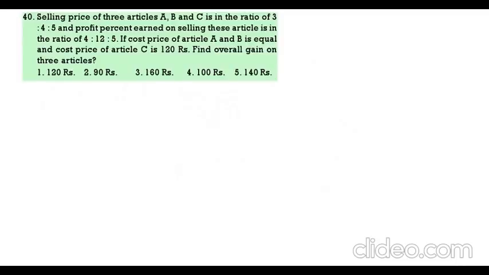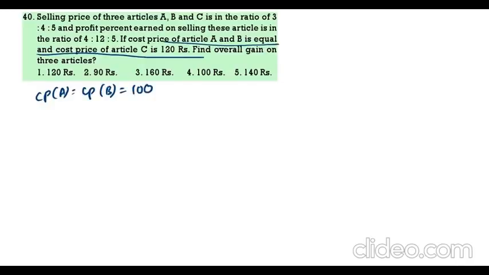The selling prices of 3 articles A, B, C are in the ratio of 3:4:5 and the profit percentages earned on selling these articles are 4:12:15. If the cost price of A and B is equal and the cost price of C is 120. Now, cost price of A is equal to cost price of B, let's suppose 100.